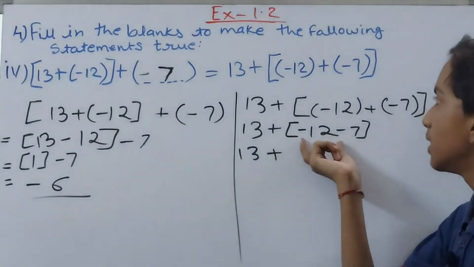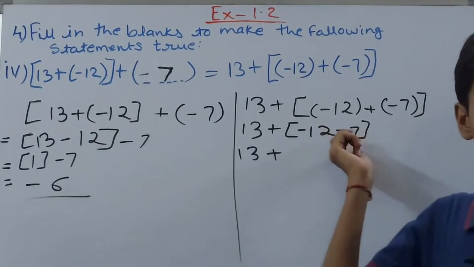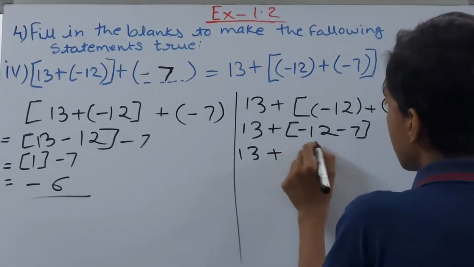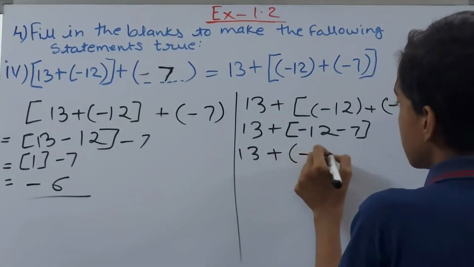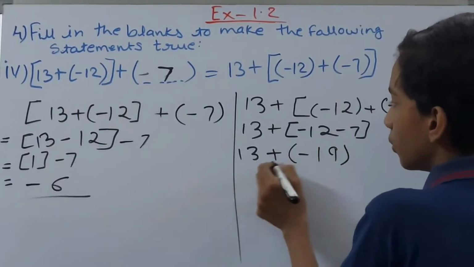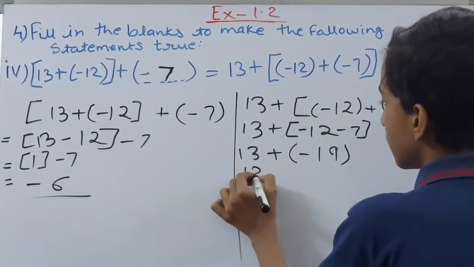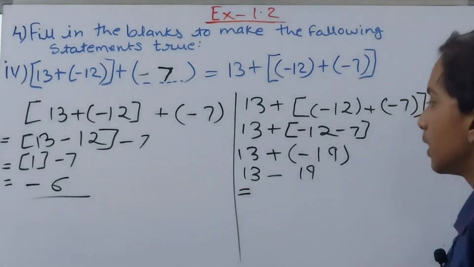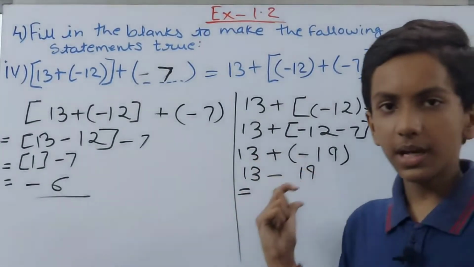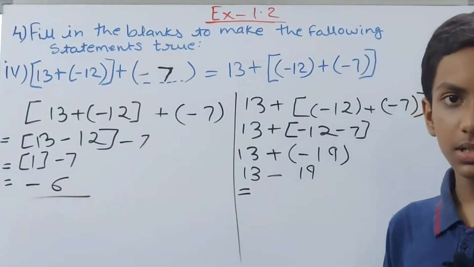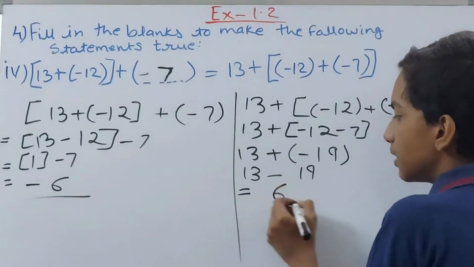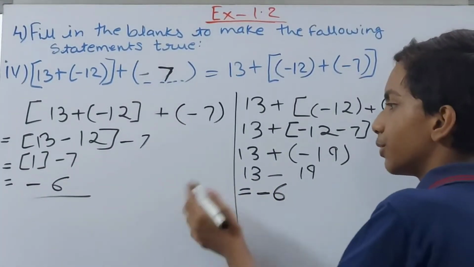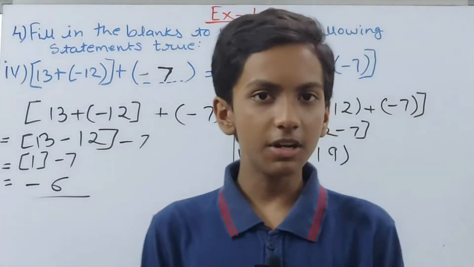So minus 7 and minus 12 will be minus 19. So 13 and plus in brackets minus 19, both of them have different signs. We open the bracket, so plus minus becomes minus 19. This becomes different signs, so you subtract them. 19 minus 13 is 6, and 19 is greater, so the minus sign will be put here, right? So again the answer in both of them is the same, so we have verified it as well.